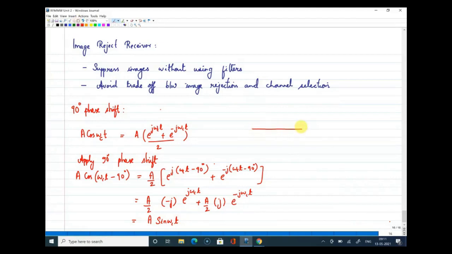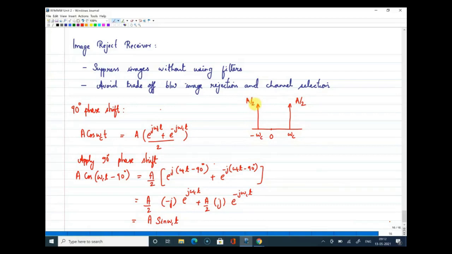So what I have is a cosine wave. Cosine wave I can represent using two impulses, one at omega c and another at minus omega c, depending on the progression, how the wave is progressing, and both with amplitudes of A by 2 here. This is your cosine wave.